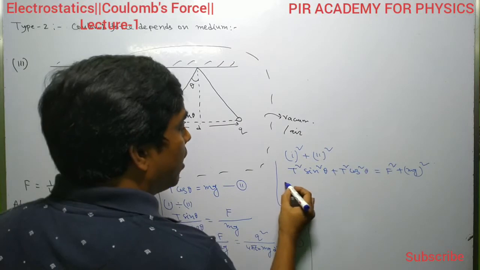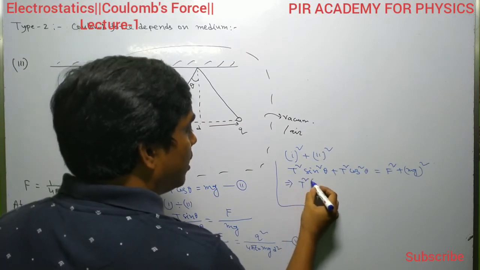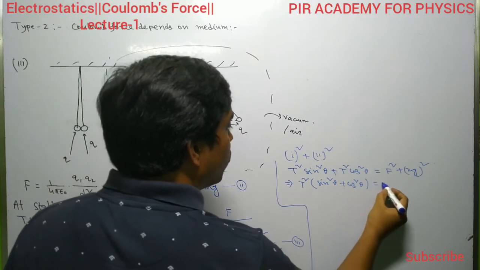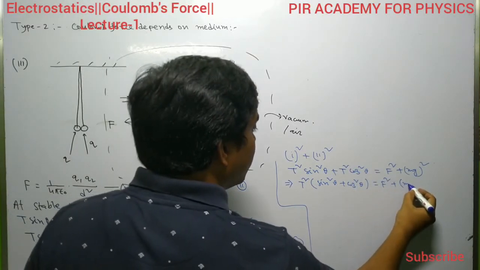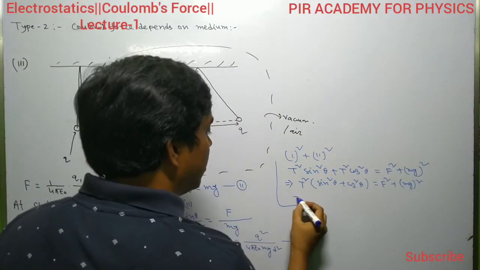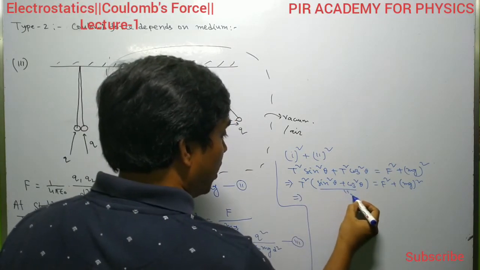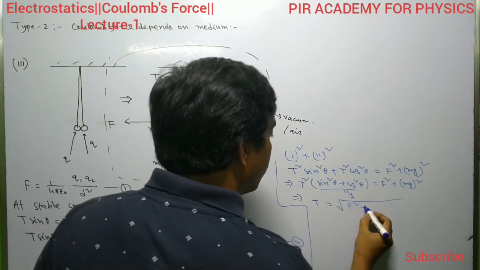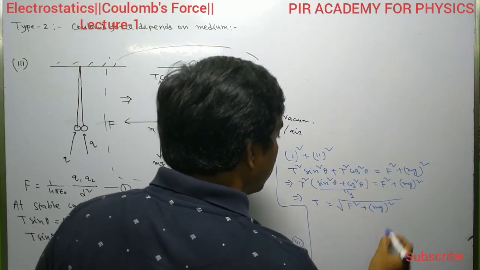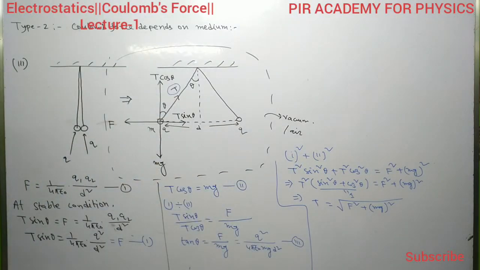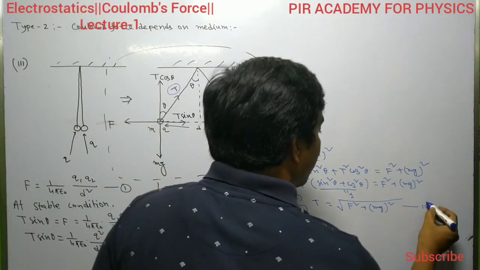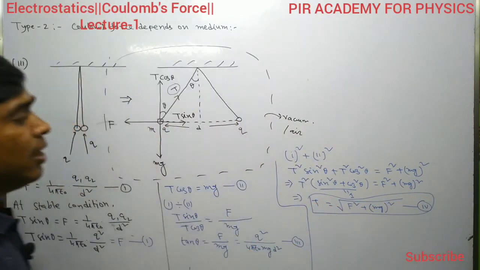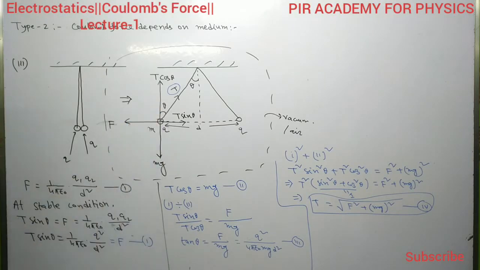If I take common T square, then it will be sin square theta plus cos square theta equals F square plus mg whole square. This is 1, so T equals root over F square plus mg the whole square. This is the fourth equation. So using this formula you can calculate the tension of this wire.